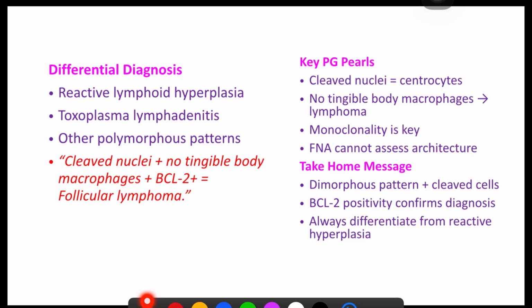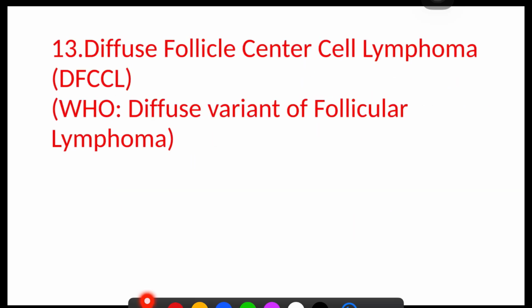Monoclonality is key, and FNA cannot assess architecture, so always go for histopathology. Differential diagnosis includes all the polymorphous lesions we have already discussed. Whenever cleaved nuclei, no tingible body macrophages and BCL2 positivity are present, it confirms follicular lymphoma.